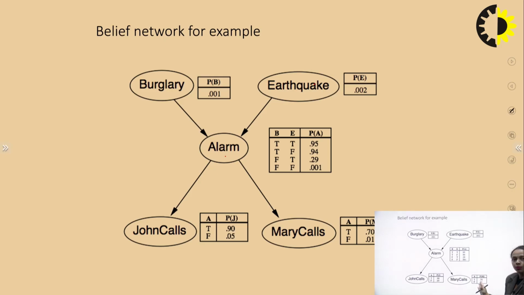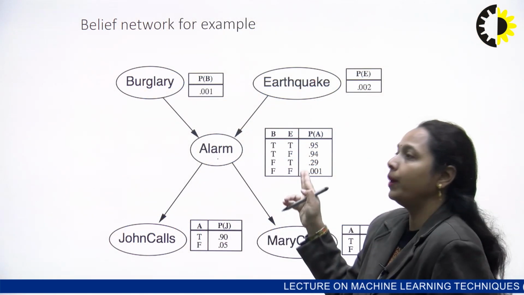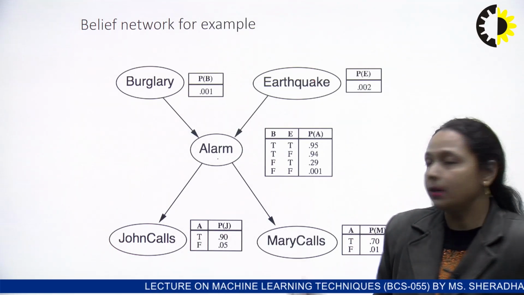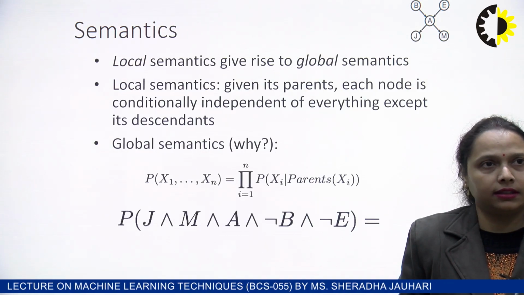Mary calls is 0.70 and does not call 0.01. And this is for burglary and earthquake: the alarm can ring when both burglary and earthquake are there, when burglary is there and no earthquake, when no burglary but earthquake is there, and when both are not present. So, based upon this data, we have to calculate the results.